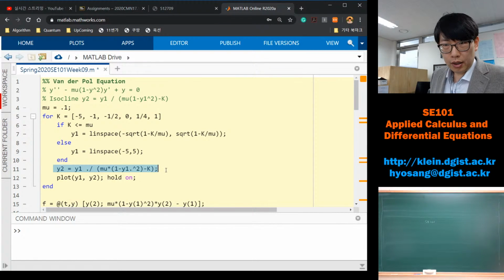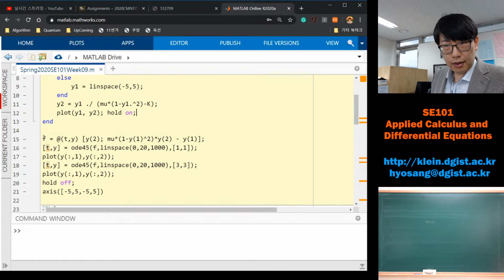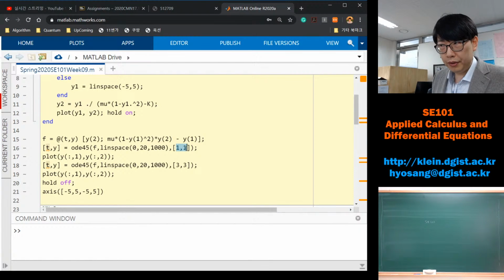So I draw this y2 graph first by setting this y2 array using the given y1 range, and then plot y1 and y2 and hold on, and it iterates 6 times. And I'll also draw the solution curve together with the isoclines here. I draw 2 solution curves. One is starting from initial value 1, 1, where y1 is 1 and y2 is 1.